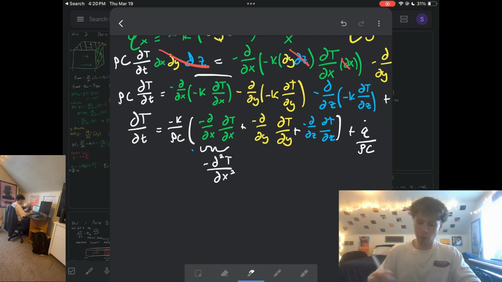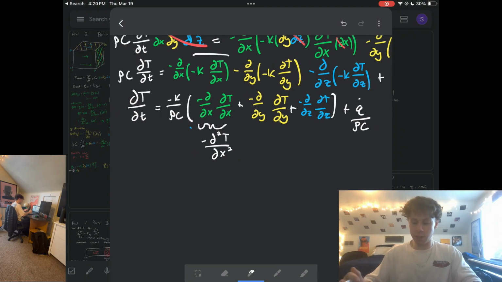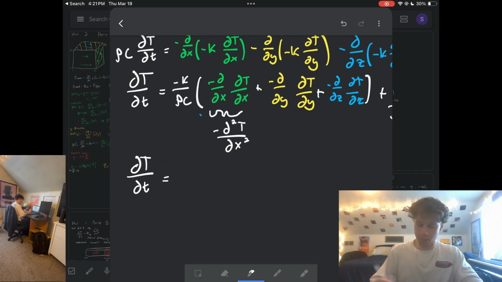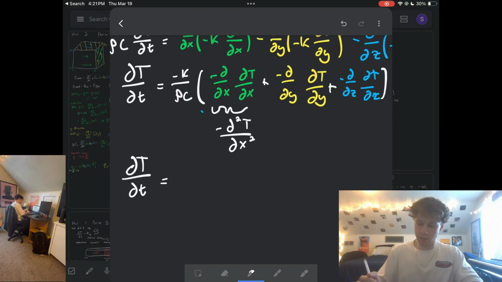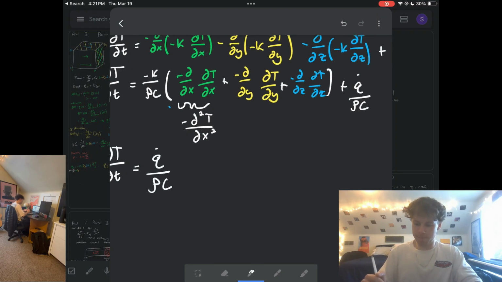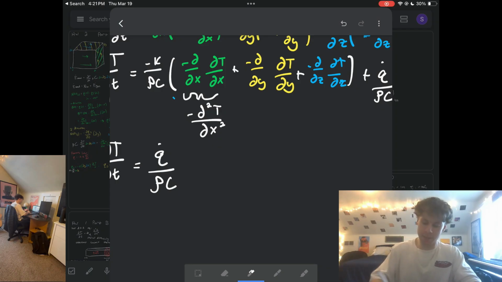So our final equation for three-dimensional heat diffusion will be our change in temperature with respect to time is equal to our heat flow divided by our density times our heat capacity plus our thermal diffusivity, and here we'll just cancel all these negatives.